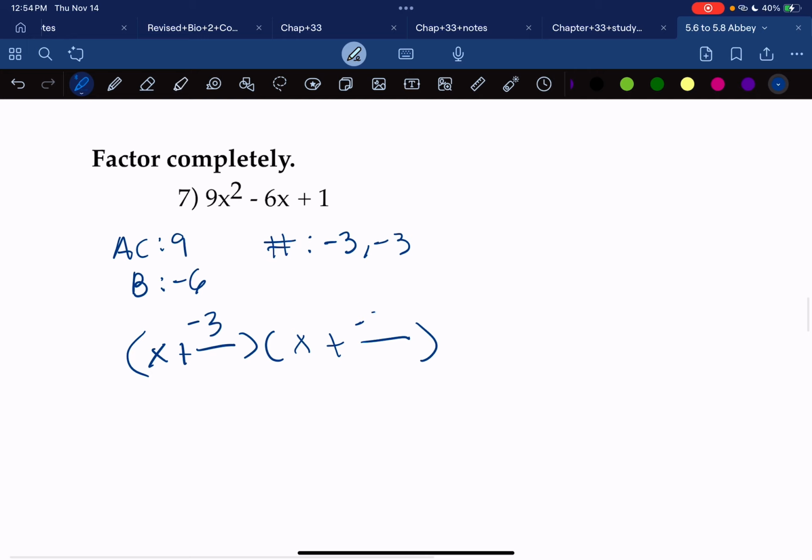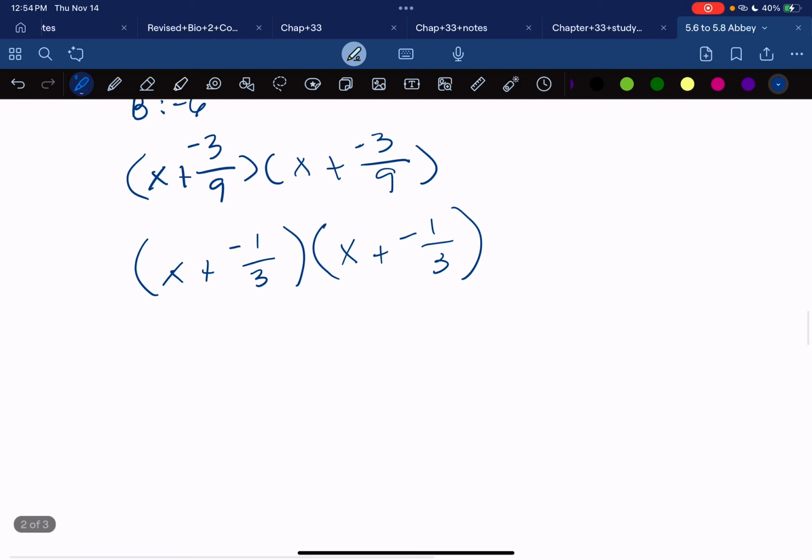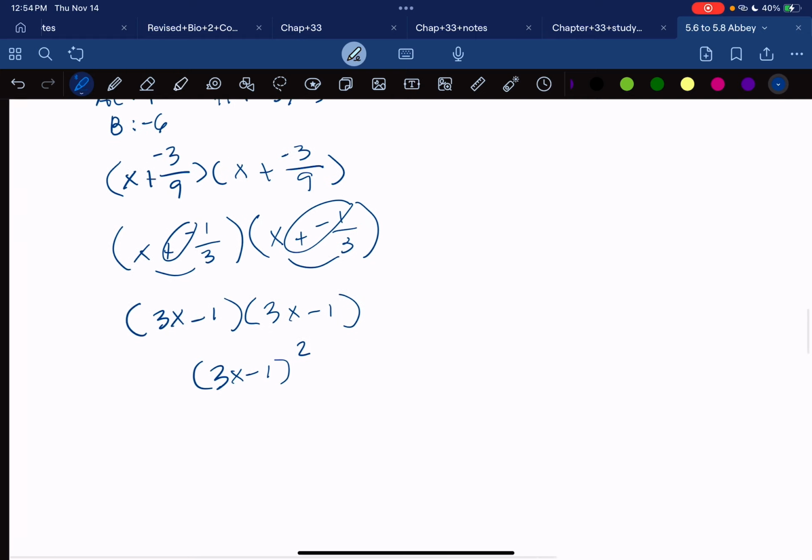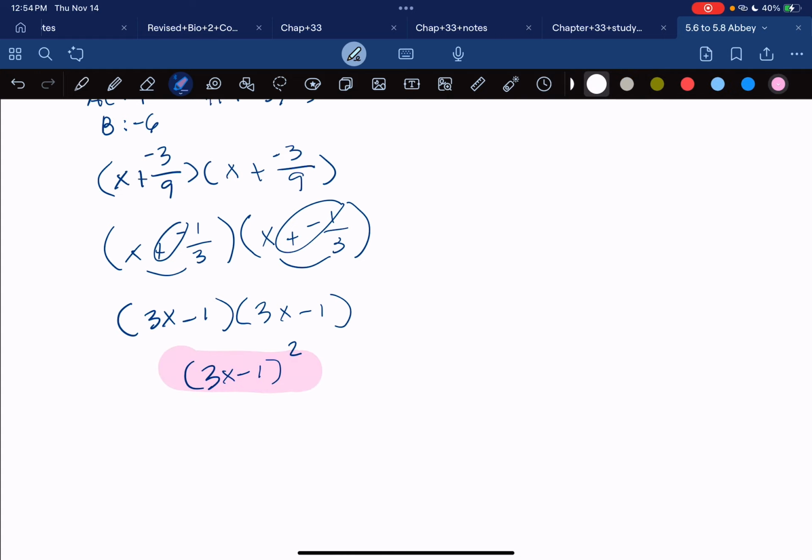Numbers that we found up top, a on the bottom. This can be further simplified. And we don't like denominators, so we bring it to the other side. It's going to be a minus. And you can also write this as 3x minus 1 squared. And that is our answer.